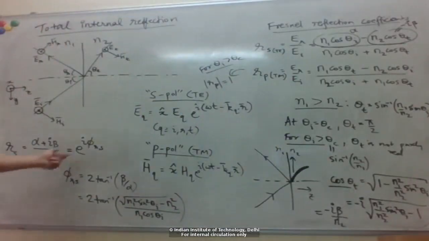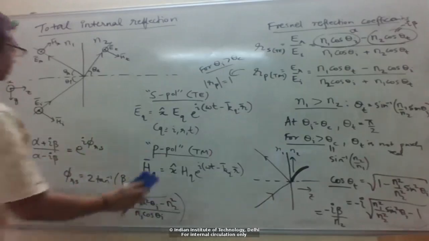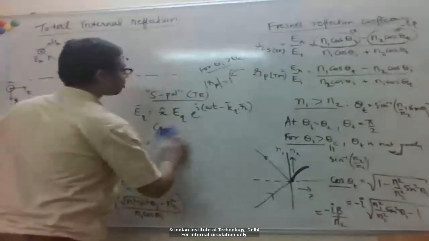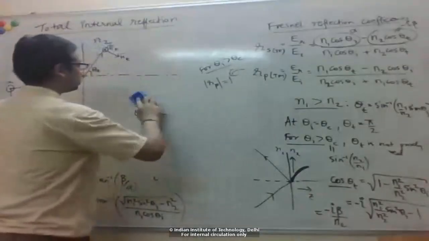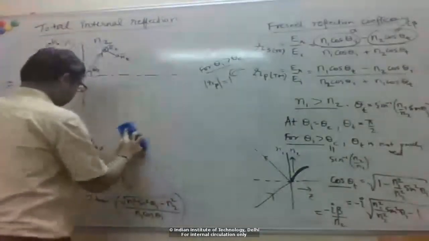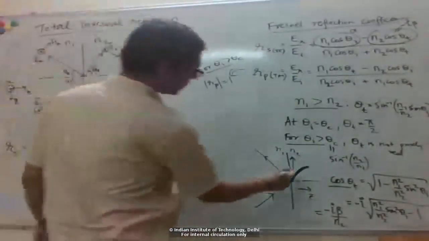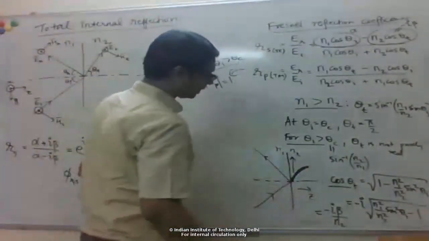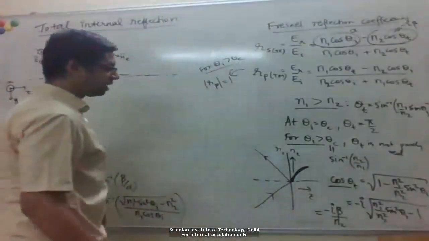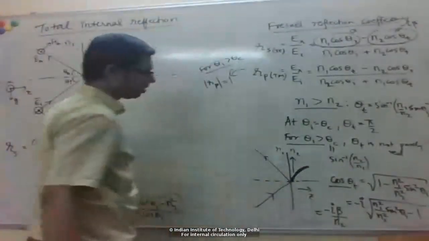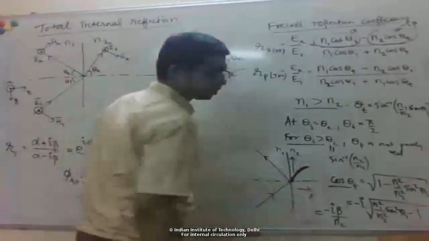So one way to interpret this phase shift also sort of explains why there is an evanescent wave in the other medium, right? You might naively think that if 100% reflection is happening, then why is there anything in the other medium?